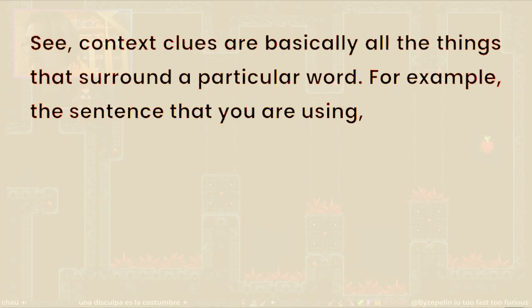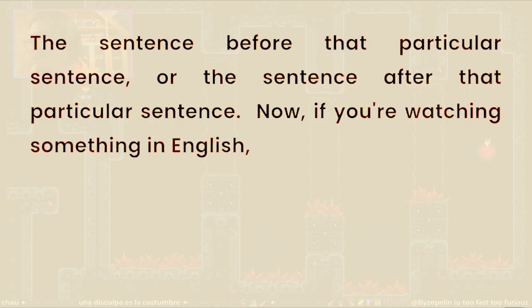You have to look for some context clues. Now, what are context clues? See, context clues are basically all the things that surround a particular word. For example, the sentence that you are using, the sentence before that particular sentence, or the sentence after that particular sentence.